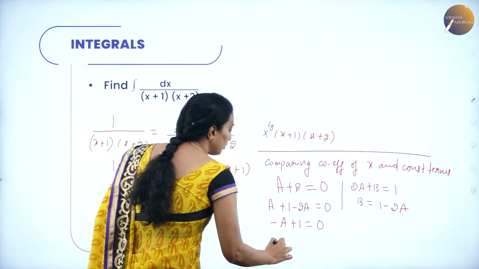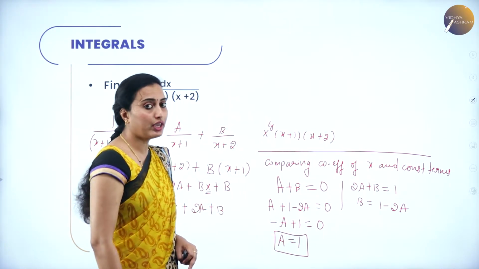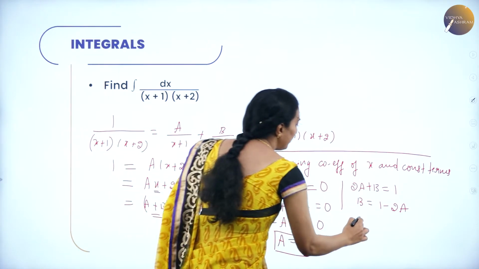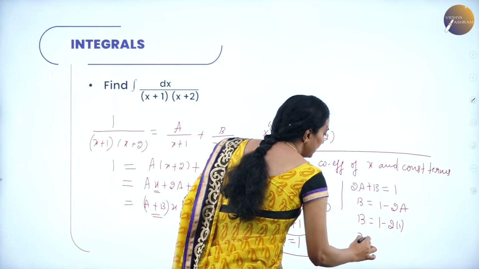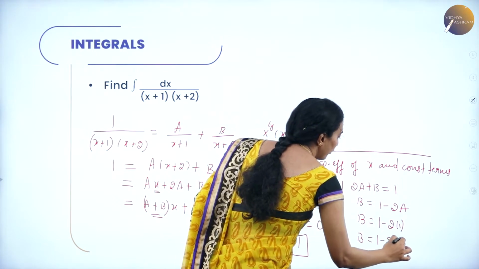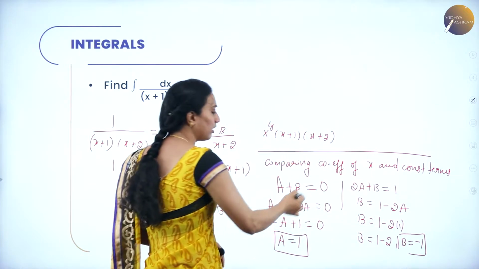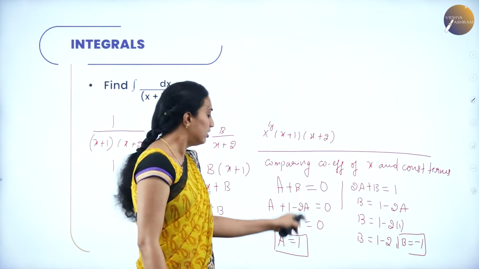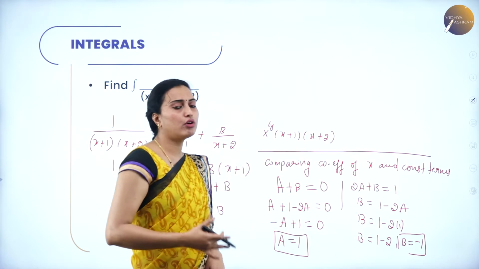Otherwise taking A to that side, A will become 1. If A is 1, you can now find out what B is. Now here you are having B is equal to 1 minus 2 into 1, which becomes 1 minus 2. Therefore, B is equal to minus 1. Otherwise you can equate only A plus B is equal to 0, B is equal to minus A, which will become minus 1. That's it, dears. Now you got the values of A and B.